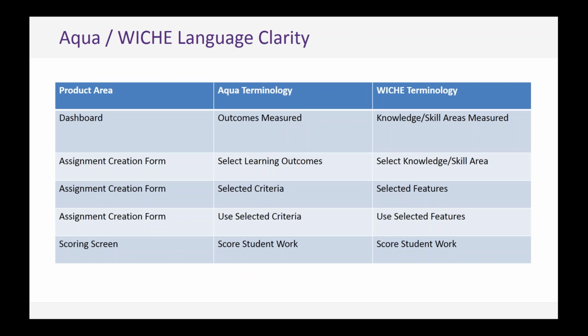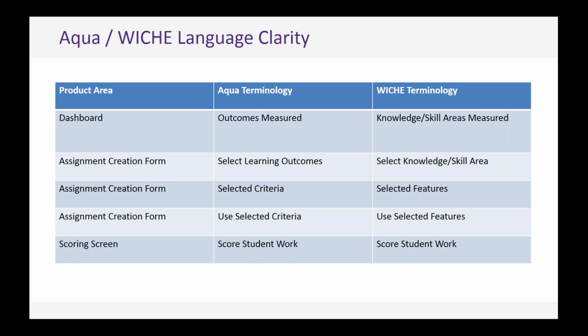Again, just for clarity, the language differences between Aqua and Wichi terminology. When you log into the dashboard, we talk about the outcomes being measured. In Wichi terminology, it's the knowledge or skill areas being measured. Within the assignment creation form itself, where you would have selected learning outcomes, in Wichi language it's selecting the knowledge or the skill area.